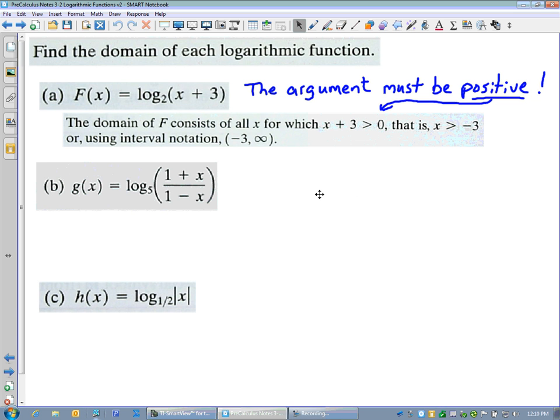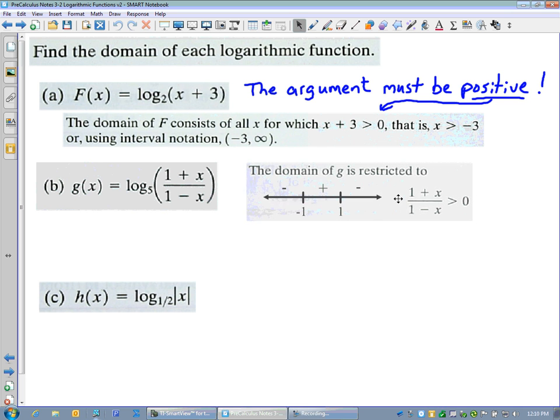As a little reminder of your Algebra 2, when you're solving a rational inequality like this, you take a number line and break it up using the critical values that are zeros of the numerator and zeros of the denominator. So negative 1 causes the numerator to be 0, positive 1 causes the denominator to be 0.